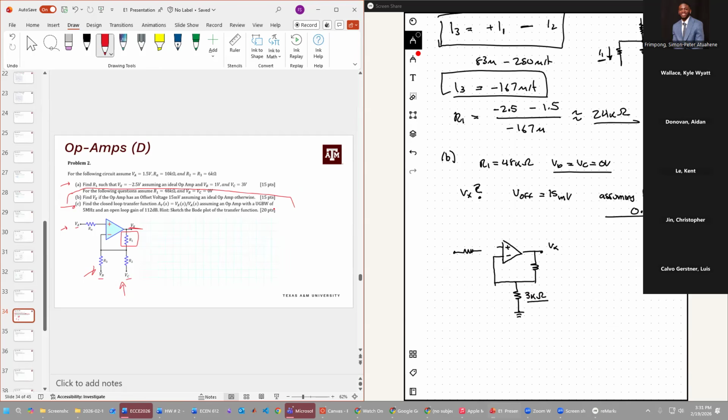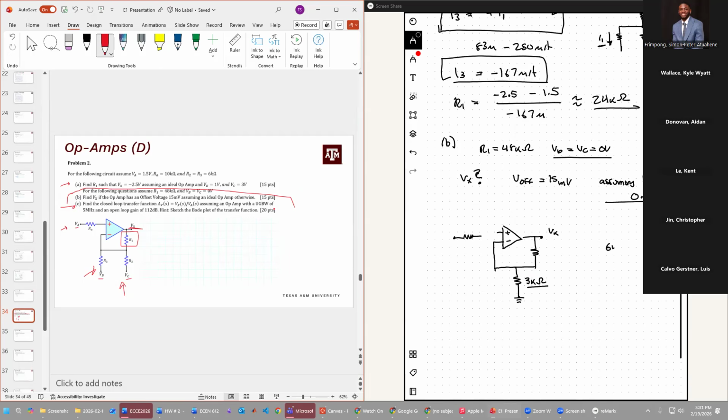So for folks who had that in their head but maybe didn't say it, just keep that in mind. Two resistors of the same value in parallel become half. In case that wasn't clear, if the two resistors are the same value and they're in parallel, you just halve the resistance. That's what it's going to be. Okay.